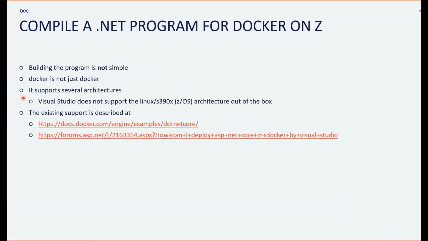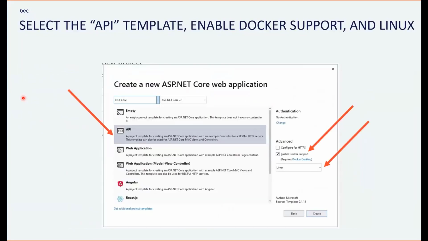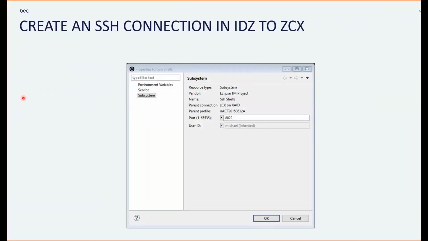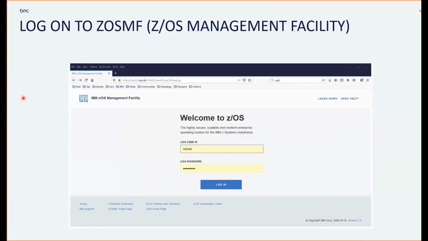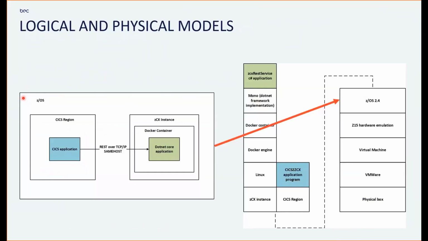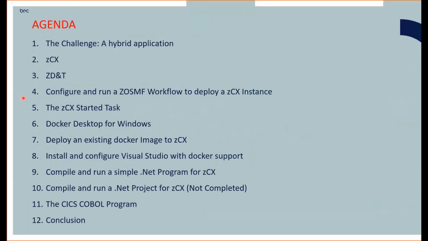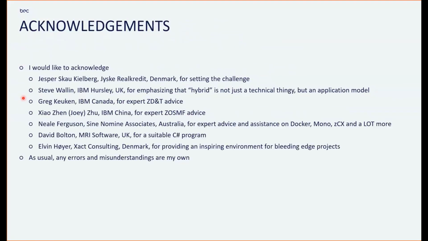I ran into the same issue. What resolved my problem was ensuring that the DEVIPA address that's used for zCX was in the same subnet as TCP/IP on z/OS. Once I did that, I was able to connect to Docker Hub. So that may or may not help your issue as well.